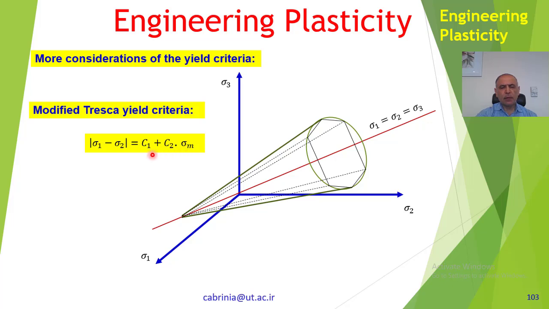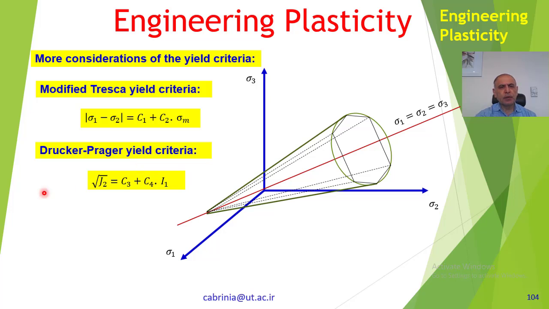Sigma m is equal to sigma 1 plus sigma 2 plus sigma 3 divided by 3, the mean stress. So these are the two newly developed yield criteria, and they are for stress-sensitive materials.